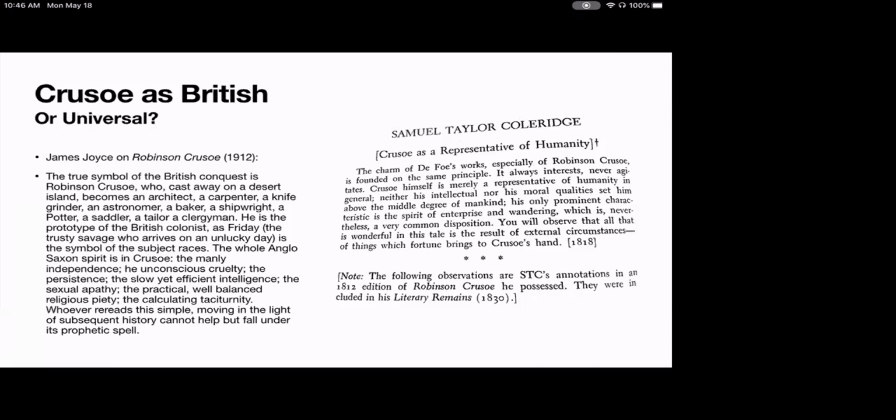James Joyce, not an Englishman at all, an Irishman, an Irish national, who knew quite well the heel of the British colonial boot and suffered under British colonial rule, writes not directly in opposition to Coleridge, but taking a very different direction.